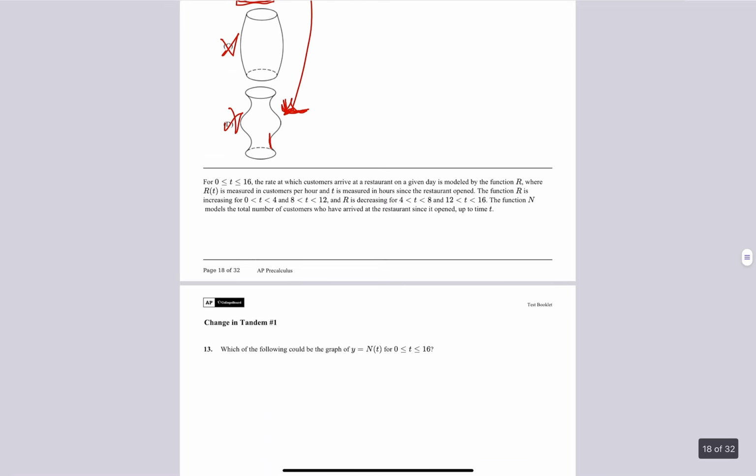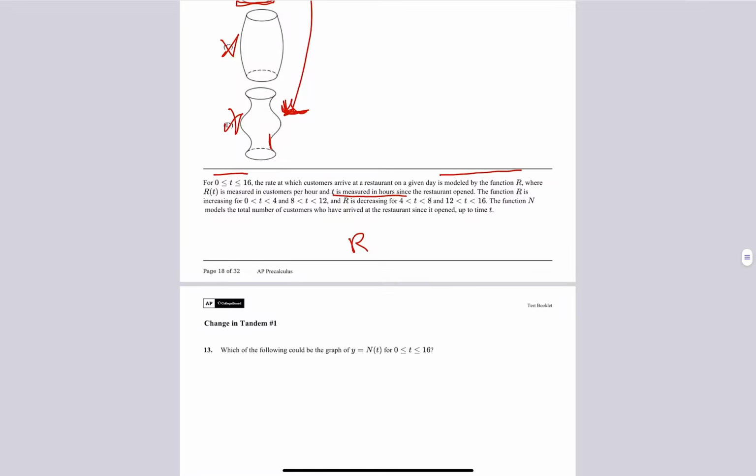Moving on to this one. For T between 0 and 16, the rate at which customers arrive at a restaurant on a given day is modeled by the function R, where R of T is measured in customers per hour and T is measured in hours since the restaurant is opened.